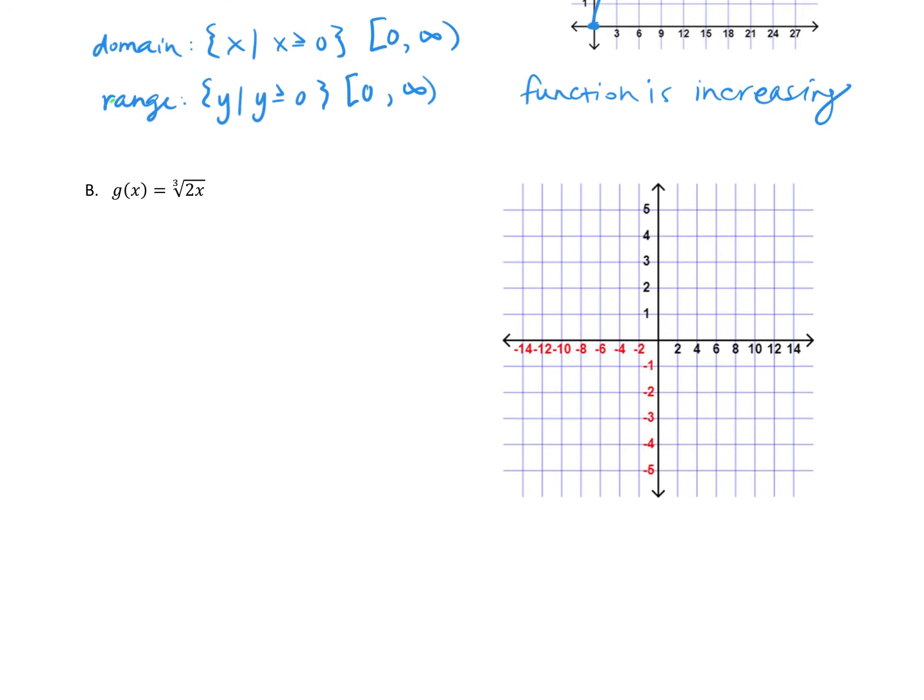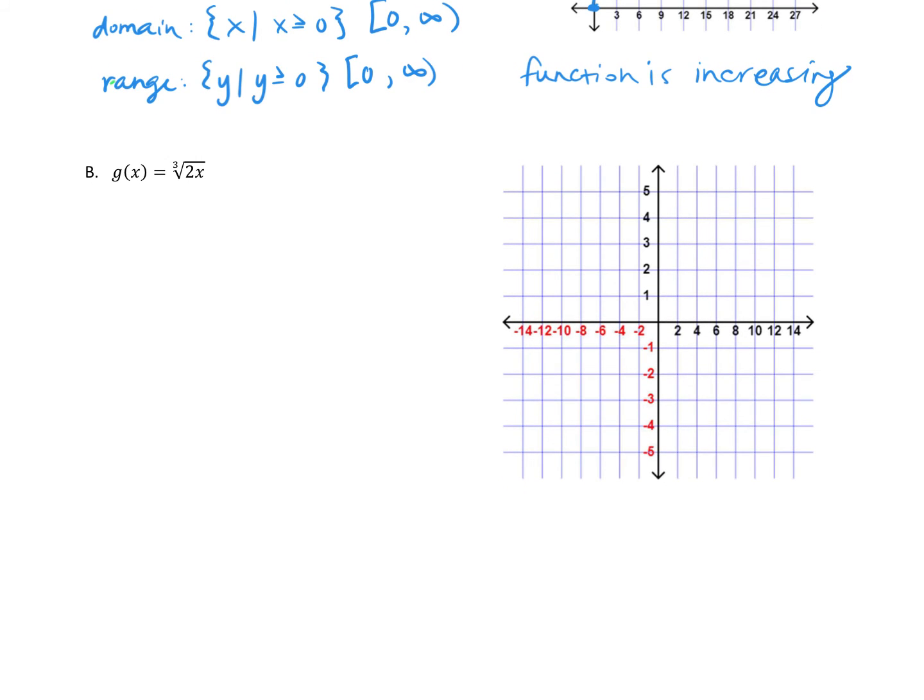Now our cube root function, we are not limited in what we can cube root. So you will see this one continue in both directions. We just want to see what those directions are. So let's create a table of values. And our goal is to get numbers that when multiplied by 2, you can cube root.